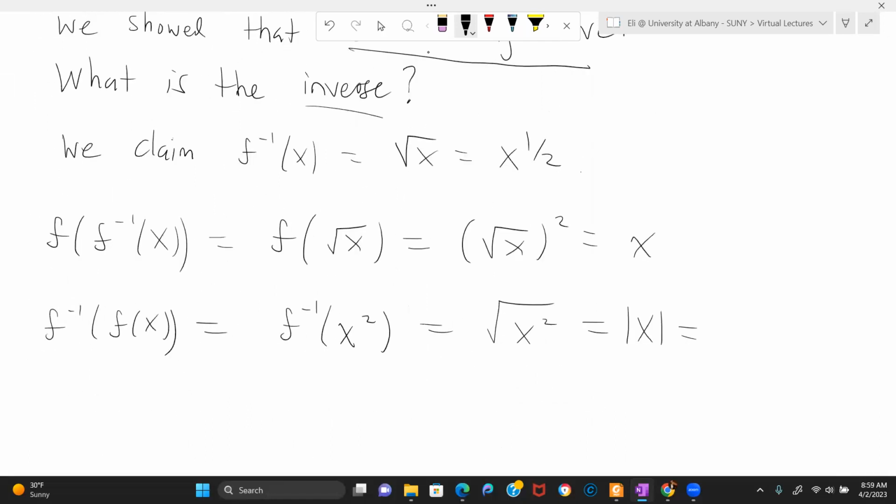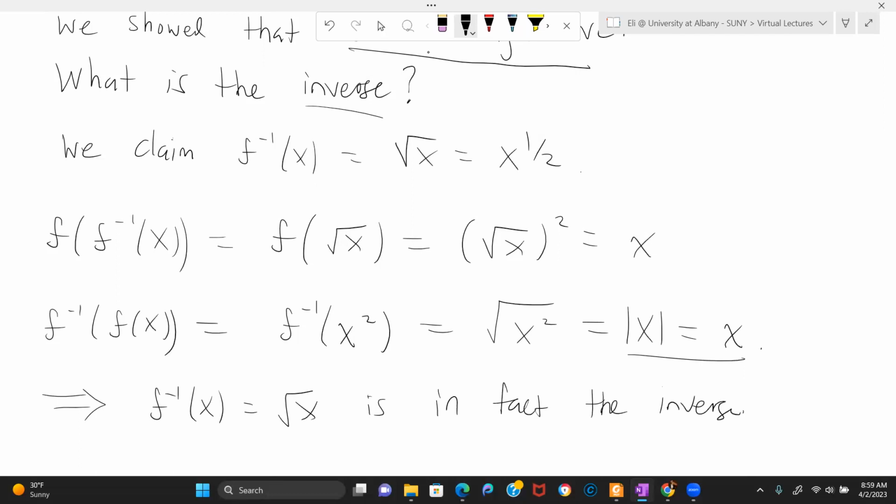The absolute value of a non-negative number is the number itself. So absolute value of x is x because x is non-negative. So this implies f inverse of x equals square root of x is in fact the inverse, because it satisfies those two cancellation properties, and those uniquely characterize the inverse.